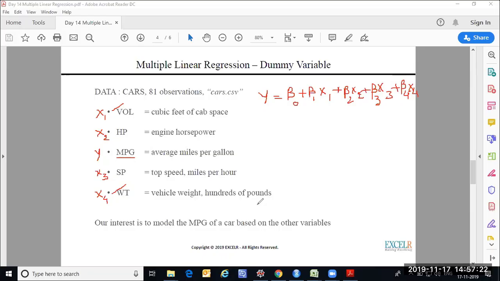Exactly, that's what the collinearity problem means. But is it expected, or do you need to go away from this problem each and every time you observe such a relationship between independent variables? It depends. If it makes sense from the business perspective. And obviously, if we take the other two variables, horsepower and speed, if the horsepower of the vehicle is more, would the speed increase or decrease? It would increase.